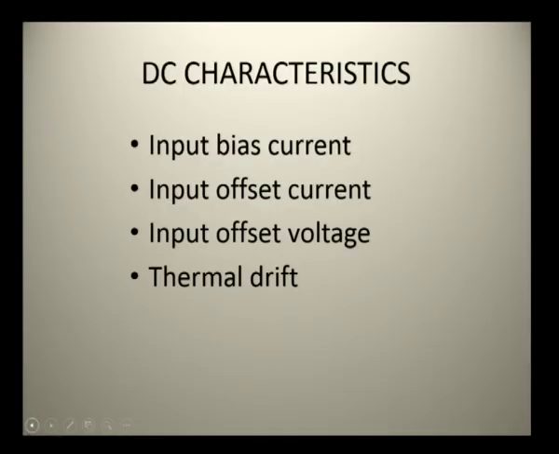If the input voltage is 0, we should ideally get an output voltage of 0, but because of these characteristics, we do not get 0 output when the input voltages are 0. We are going to discuss these parameters and how the output voltage will be in the range of nanovolts or millivolts in the case of FET op amp or BJT op amp.